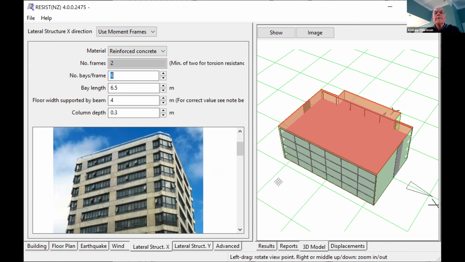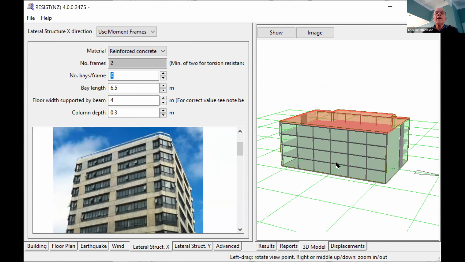And finally, we've got to guess what the depth of the column is. This is the column depth here. In this rather terrible building, the column depth is more than 1 meter. At the moment, these columns are 0.3, 30 centimeters.